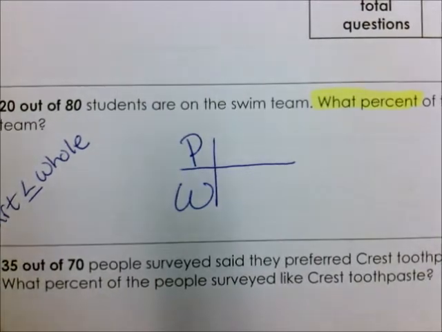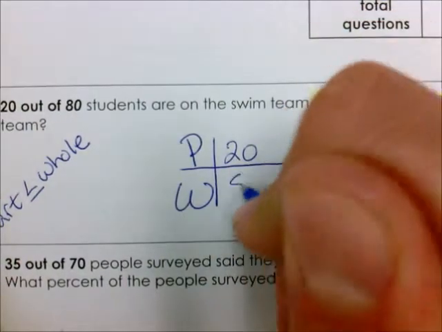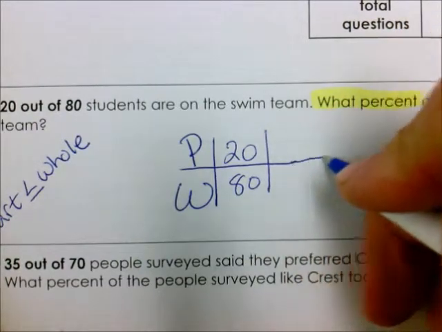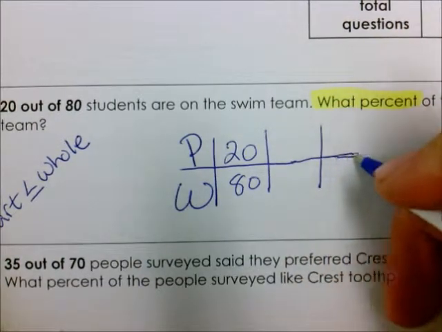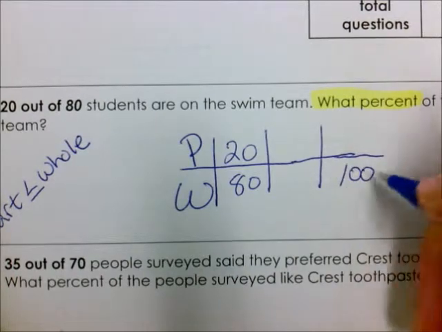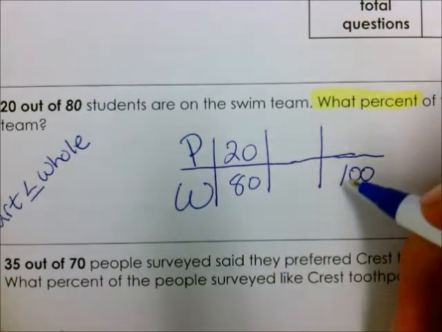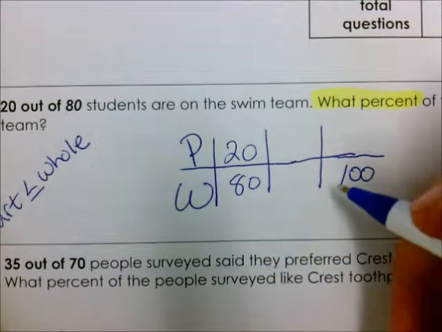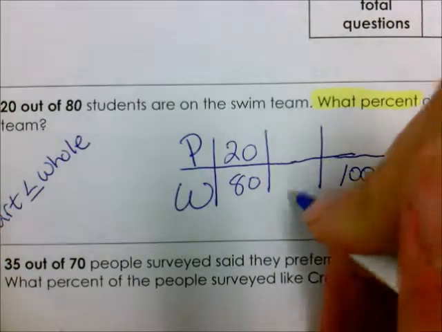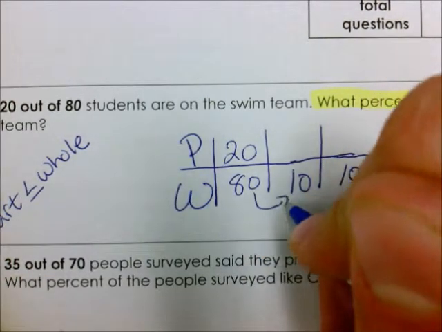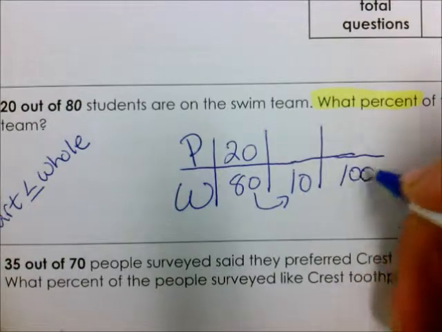20 is the part, 80 is the whole. I want to find the whole percentage. Well, percents are out of 100, so I know I need to find a 100%. Well, I ask myself, how do I get from 80 to 100? And I say, I don't know. Since I don't know, I'm going to find 10% instead, just because I know I can get from 10 to 100.